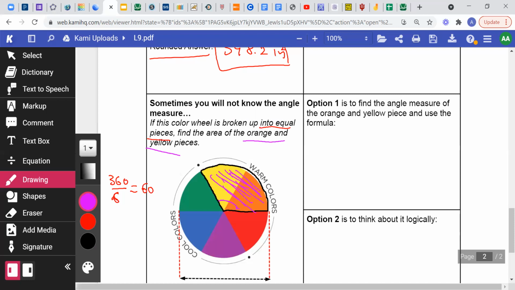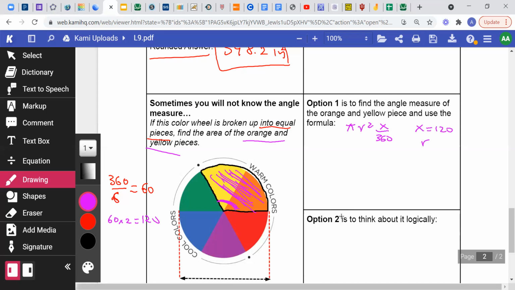So how many colors did we take here? 2 of them. So if each of them measures 60 and we took only 2, you're going to do 60 times 2 to be 120. So that means the angle formed between them shall be 120, which means area being pi r squared times x over 360. X here is 120.